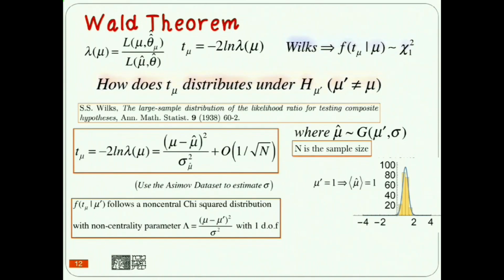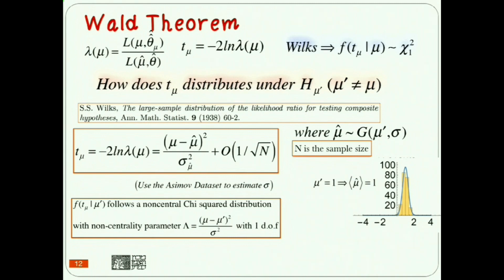So here is the theorem that does everything for us. It's called Wald's theorem. It's from 1938, and it's the rediscovery of this theorem by Ofer, my student, that actually enabled us to solve the problem. What is the problem? Lambda of mu is L of mu over L of mu hat.